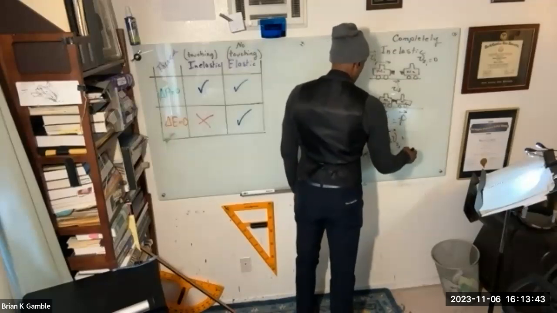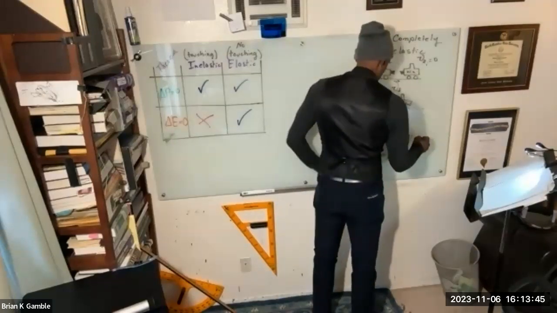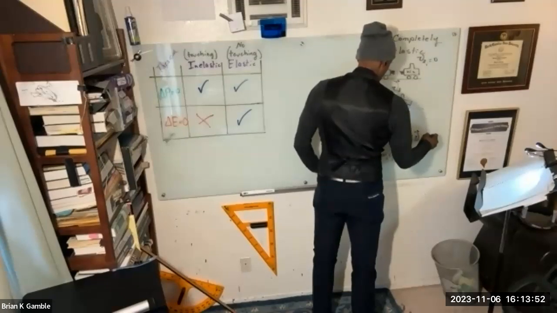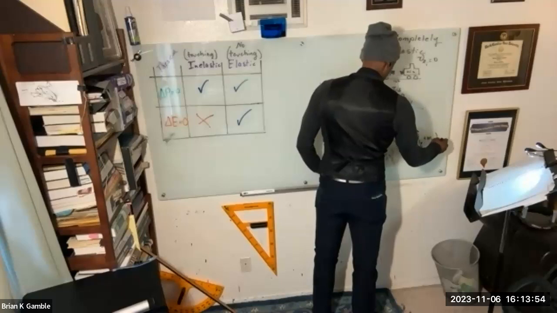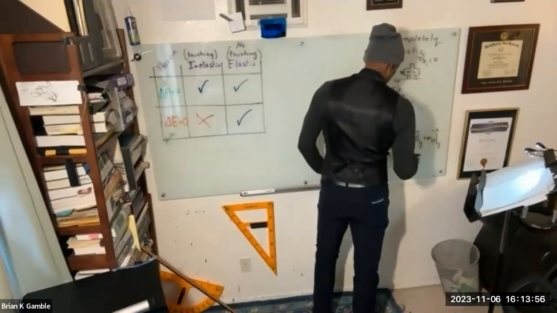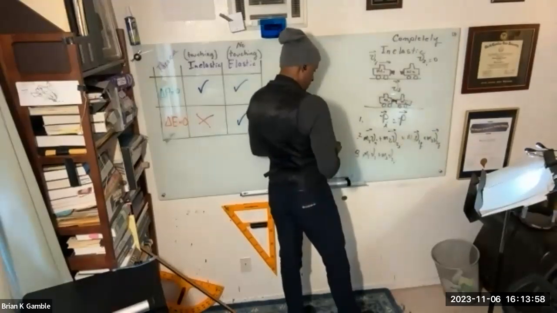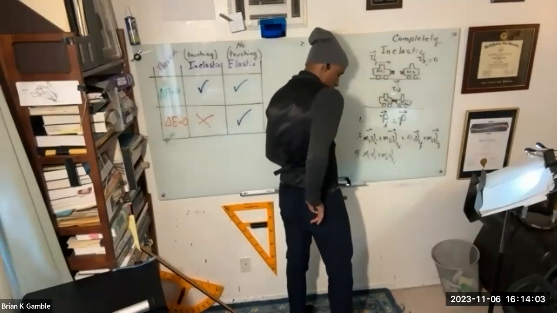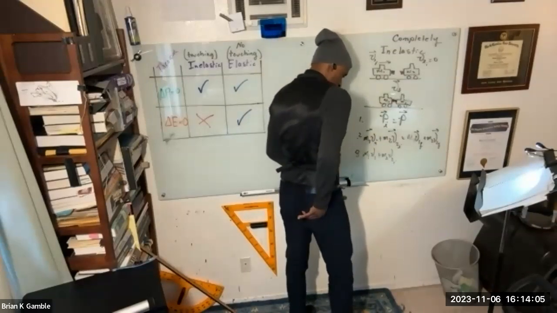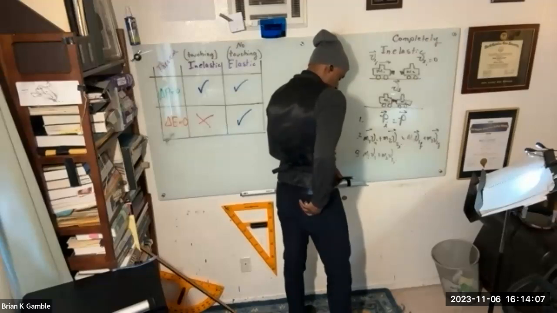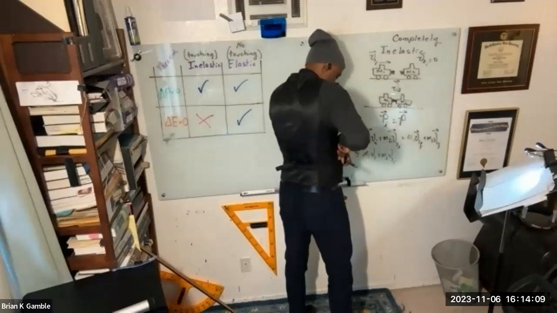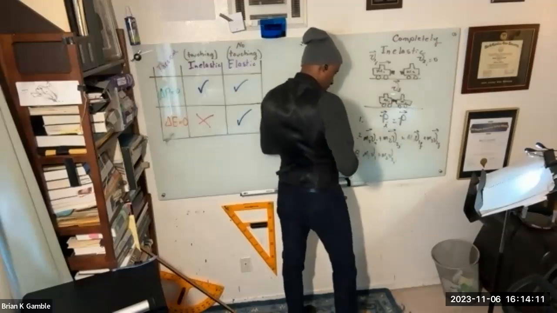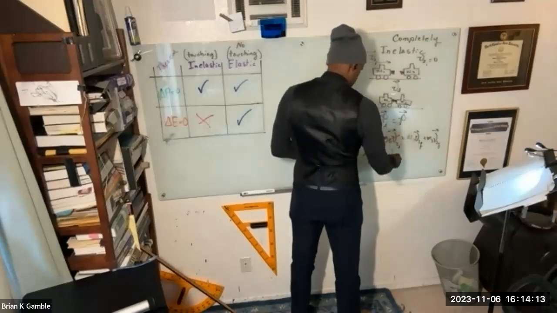And that equals M1 V1 final plus M2 V2 final. And in this case, as I said, this term initially here is 0.